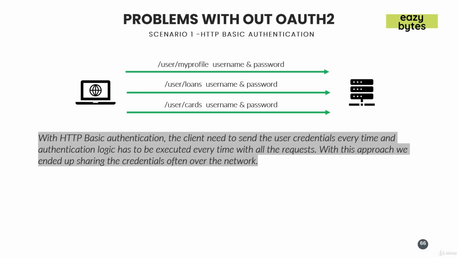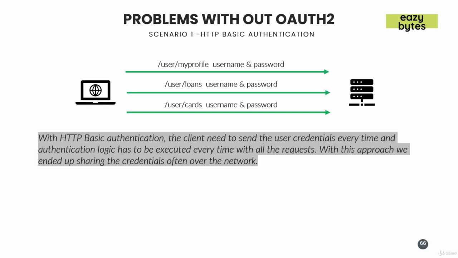The very first and most common scenario that the OAuth2 framework is trying to solve is this: the sharing of the user's credentials over the network unnecessarily can be stopped by using the OAuth2 framework efficiently. If you use HTTP basic authentication between client and backend interactions, we may end up sharing the credentials again and again over the network for each and every request that you make to the backend.